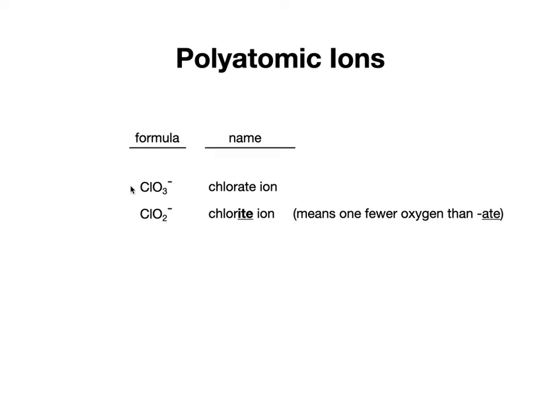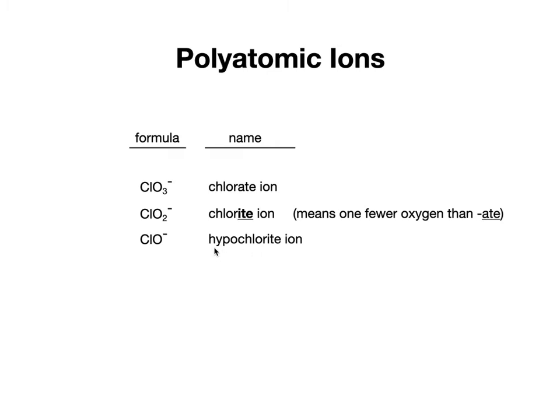So this is a key ion here, class, to memorize. If this is the chlorate ion, and we keep in mind the guideline that ite is one fewer oxygen than the ate, we'll have two ions. Now, look at this. ClO minus. What if I take away another oxygen? Well, that's called the hypochlorite ion.